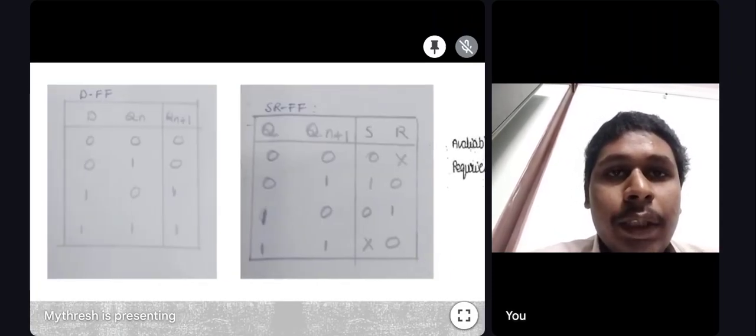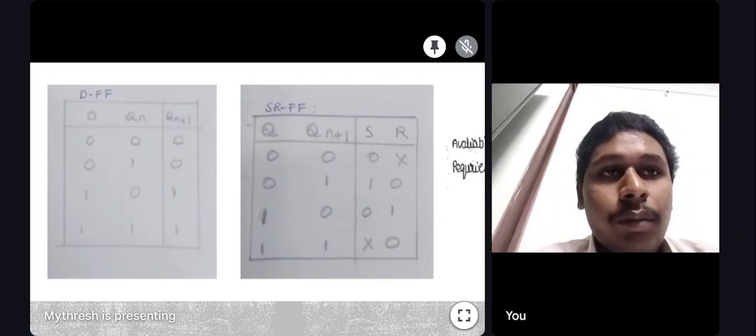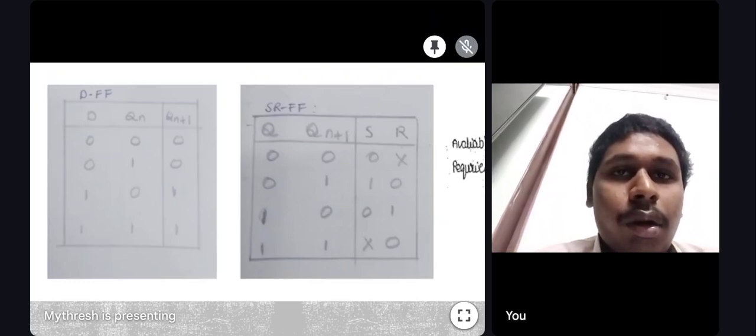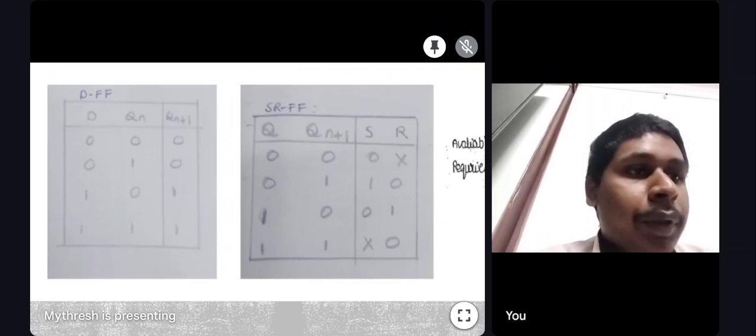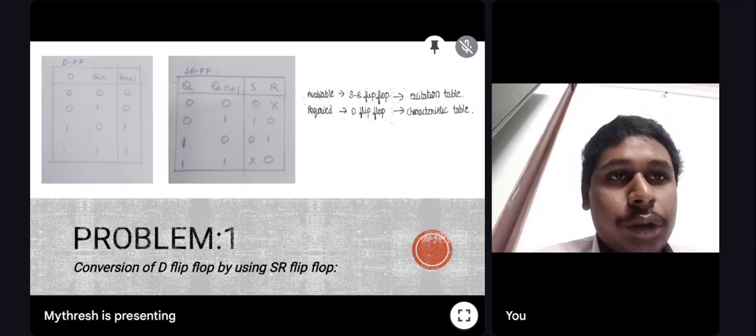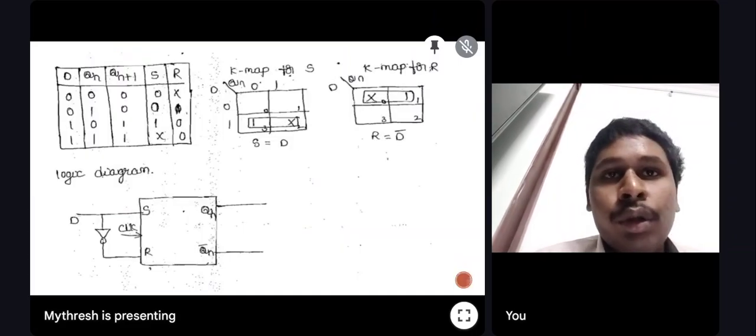As we have seen in the previous slide, here are the characteristic table and excitation table of the flip-flops we required. So the next step is as follows. We have to write the inputs. So how to write the inputs?